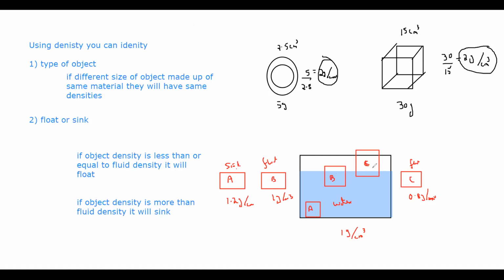Both are floating objects, but if density is equal, most part is under the liquid and a small part is above the liquid. If density is lower than the density of the liquid, then most part is outside the liquid and a small part is inside the liquid. So you can identify the object and float and sink using the concept of density.